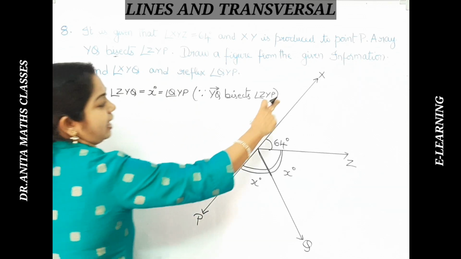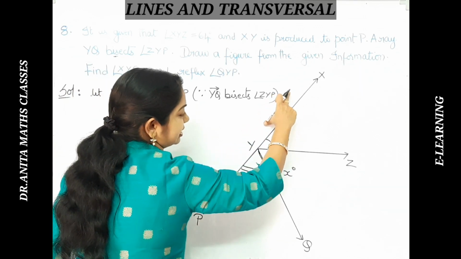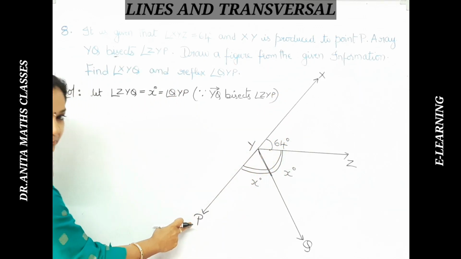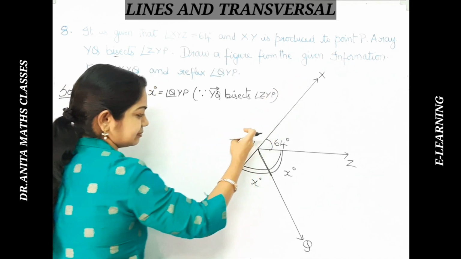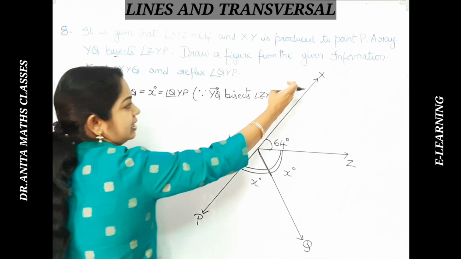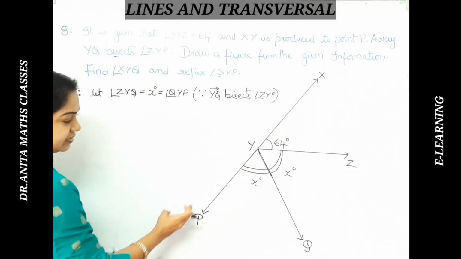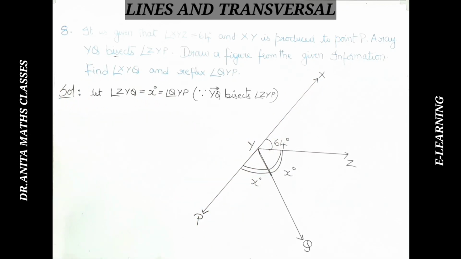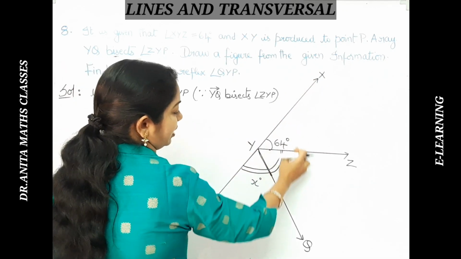Now if you see, the line XY has been produced to the point P. That means this line is extended to this point. That means this complete X, Y and P is a straight line. So the angle on a straight line is 180 degrees.